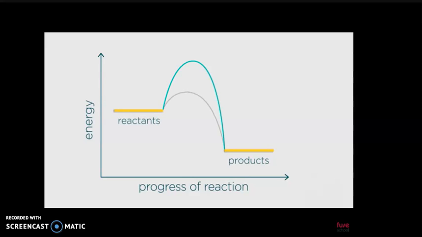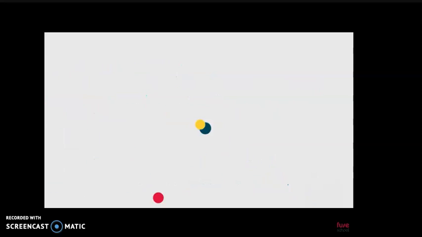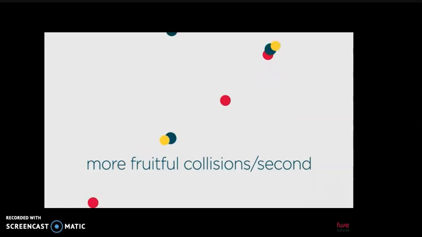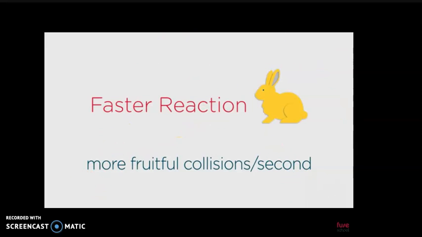The blue pathway is the energy profile for the reaction without the catalyst, and the red pathway is the energy profile for the reaction with the catalyst. You can see here that with the catalyst the activation energy is lower. As a result of the activation energy being lower, there are more molecules with the required activation energy, and so more fruitful collisions occur per second, and hence the reaction is faster.